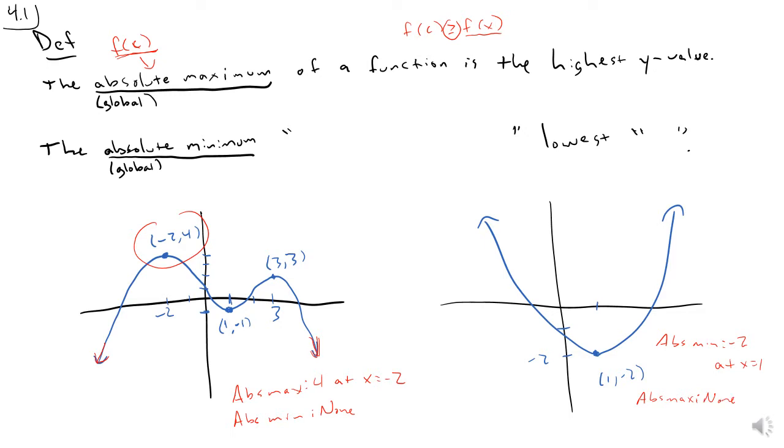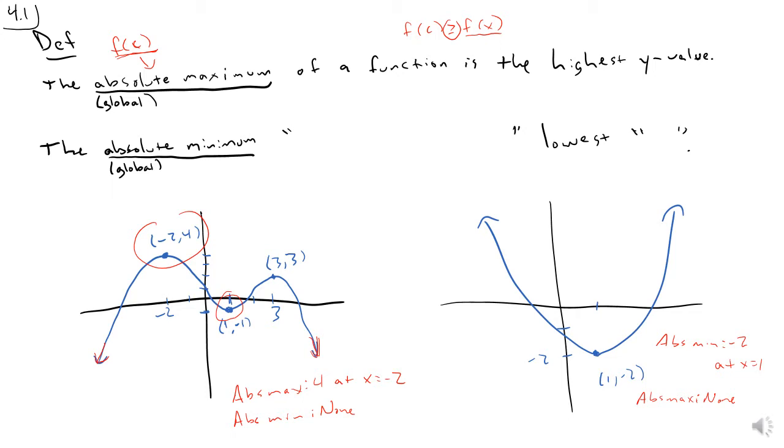All right, now another thing that we'll want to focus on in this chapter is not just the absolute max and absolute min. We'll also be looking at other points of interest. That could be something like this low point here. It's not the absolute lowest point, this point (1, -1), but it is the lowest point in the area.